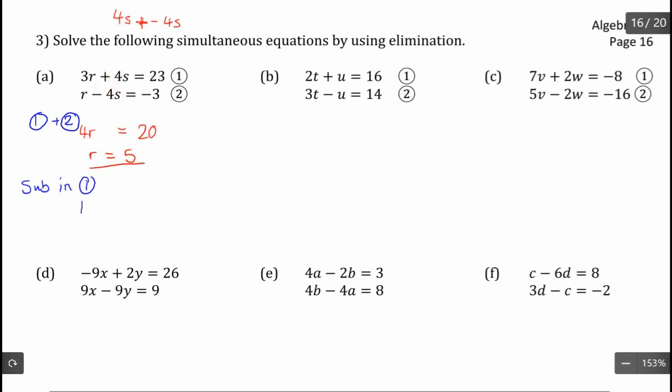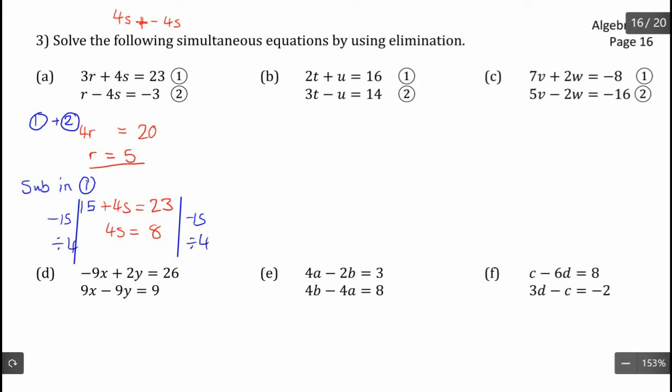So 3 lots of r would be 15, plus 4s is 23, and then you've got that little equation to solve there. So take away 15. 4s must be equal to 8. Divide by 4. And we see that s must be equal to 2.